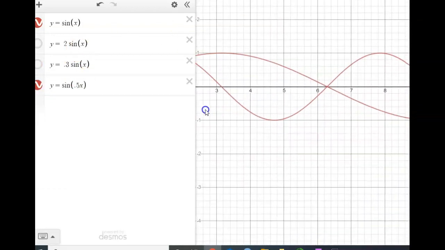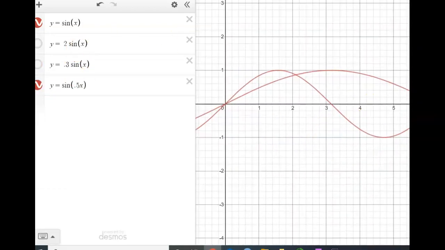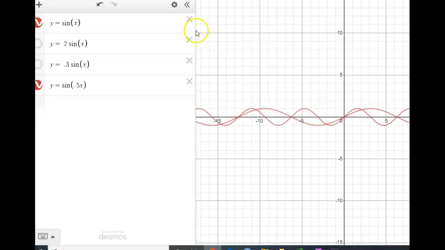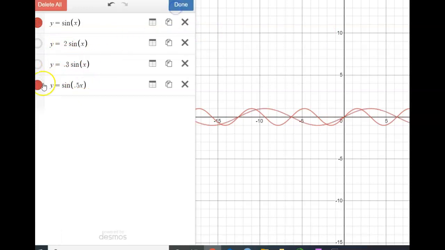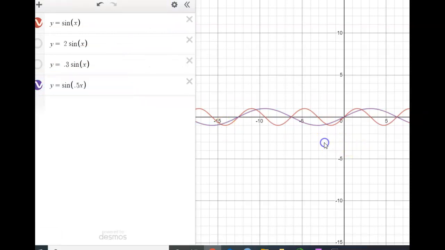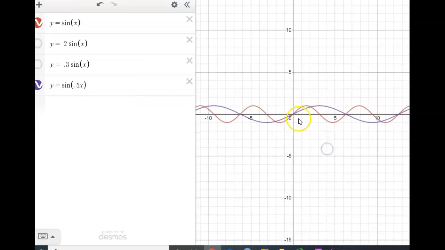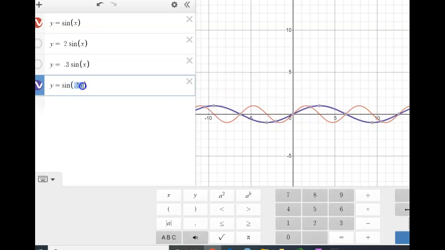So you could see that here. Let me change the color of this one. Actually, that's the parent function. I'm going to just change the color quickly. And we could see here, the one in red is the parent function, and the one in purple was horizontally stretched.